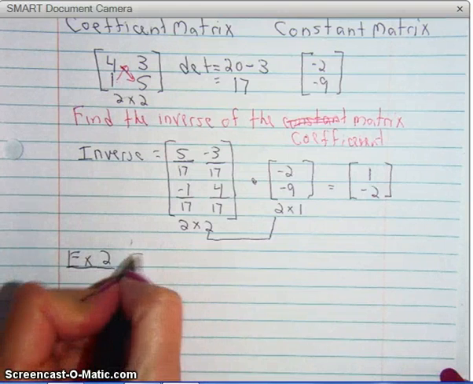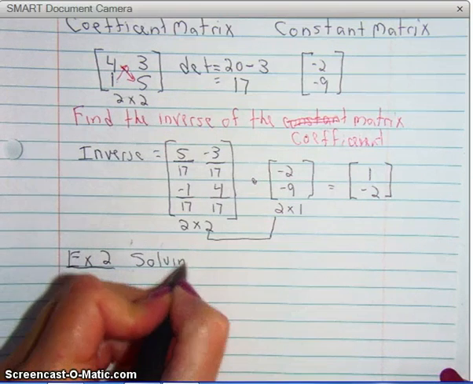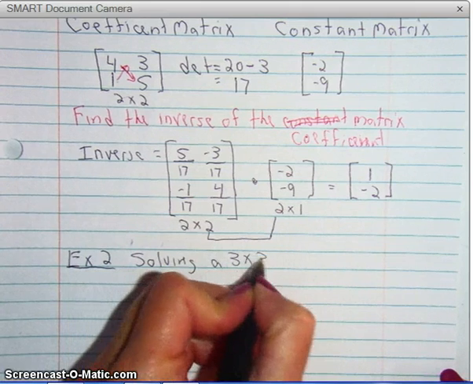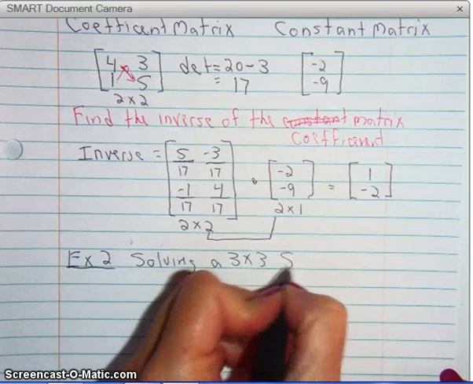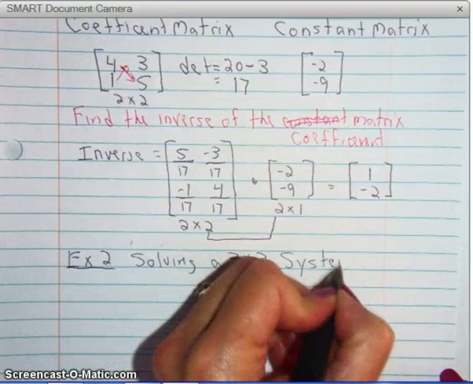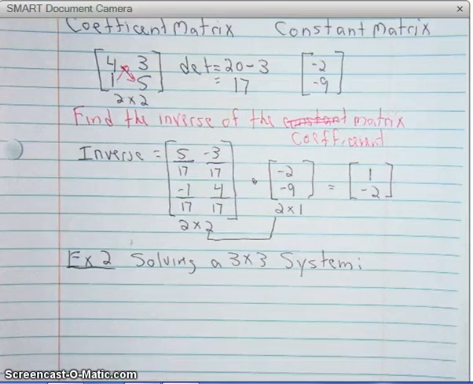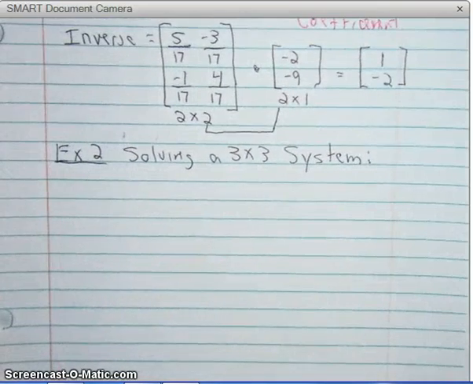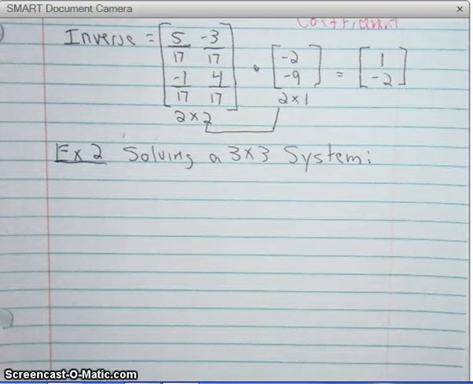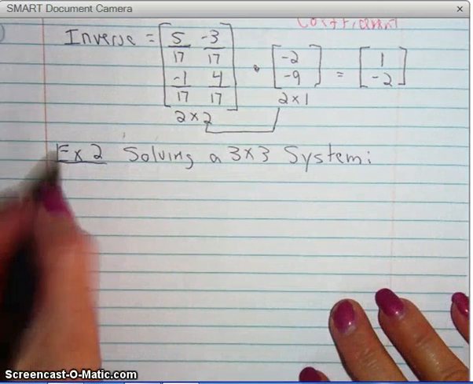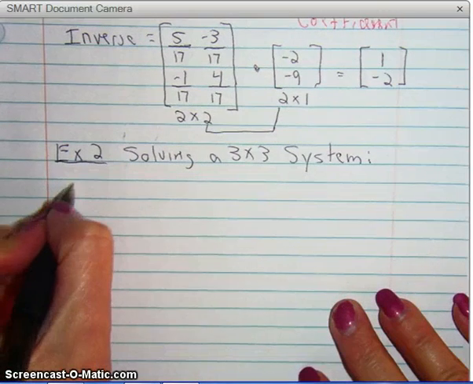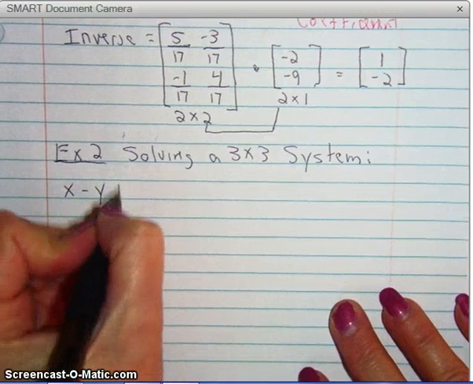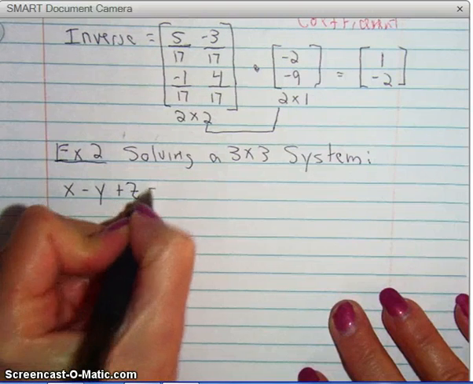Solving a 3 by 3 system. Okay, this has x, y, and z in it. First equation is x minus y plus z equals 2.